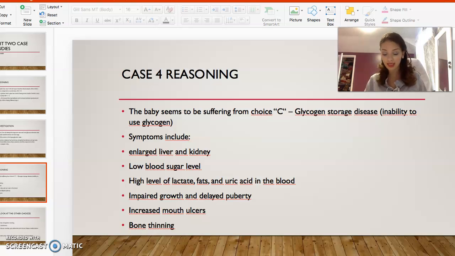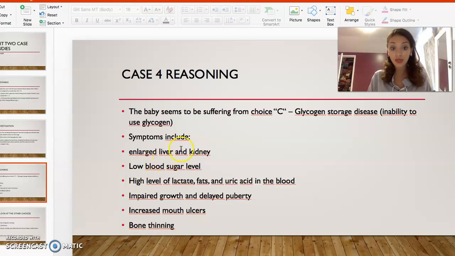So there's choices given to us here. So we have hereditary fructose intolerance, galactosemia, glycogen storage disease, and glucose-6-phosphate dehydrogenase deficiency. So the reason I chose my answer, glycogen storage disease, which is the inability to use glycogen, is because I went through each symptom of each of the choices given, and this option suited the diagnosis of the patient the most.